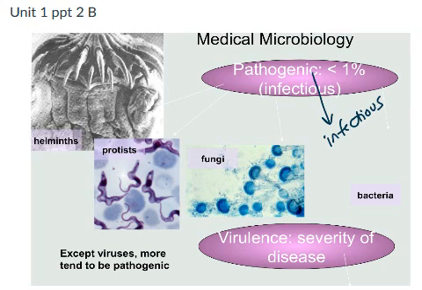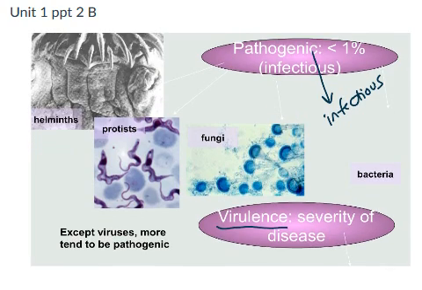This does work both ways because we have E. coli that live as normal flora in our GI tract. Those are non-pathogenic. Then there's the H1057, the one that we had discussed before when we were doing binomial nomenclature. That is the pathogenic one that would then cause GI issues. Virulence is another term that's very important, and this is the severity of a disease.